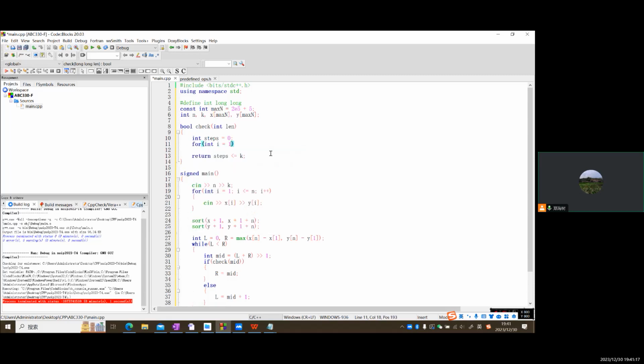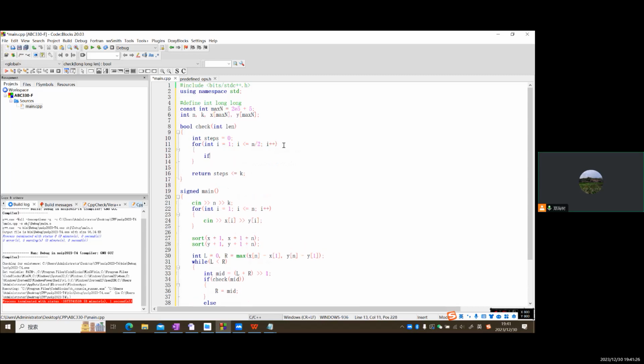Okay, here we have half of m pairs. Now here we calculate x5 minus x first, x5 minus x2, x4 minus x3. Here the sum of these two positions is m plus 1.